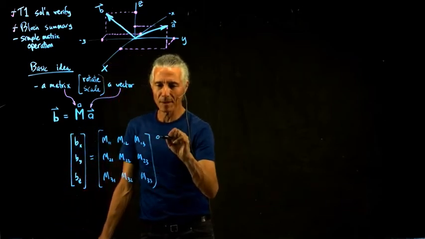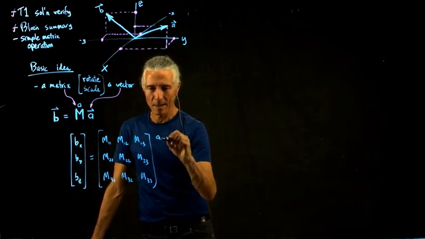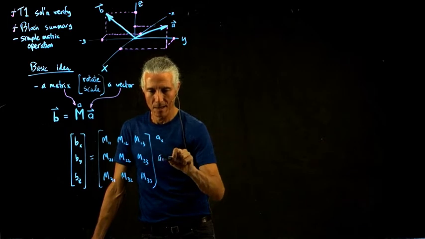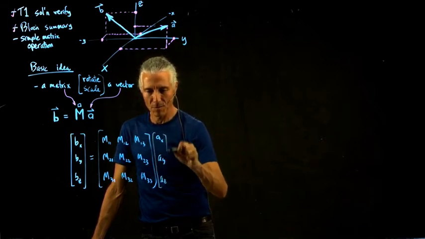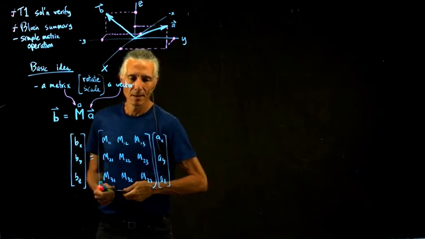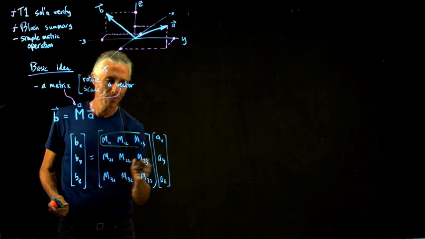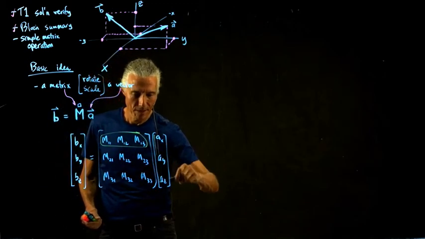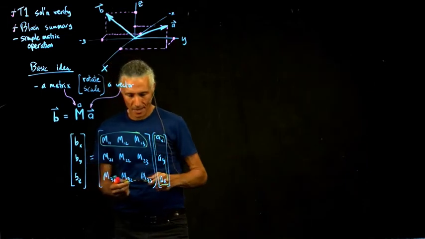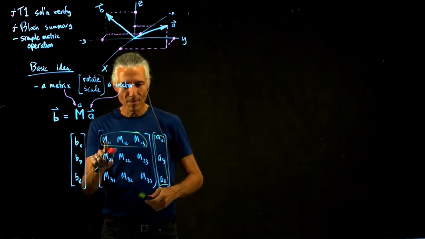And we're multiplying by our ax, ay, az. So what are the rules for doing this? The rules are we take the first row and multiply it by the first column here. There's only one column. And so m11 times ax.